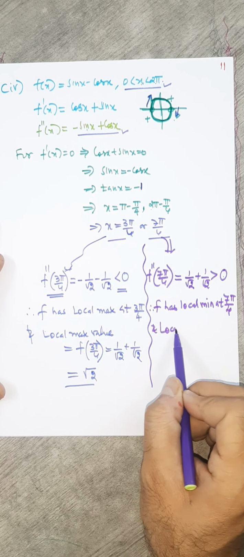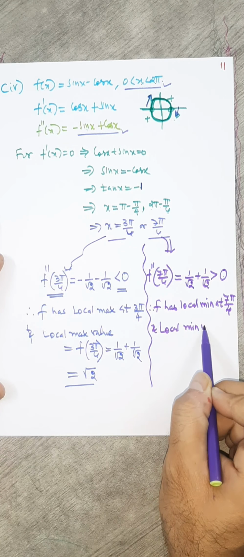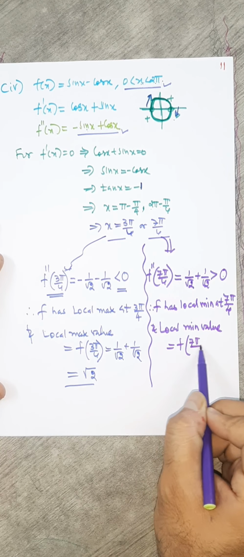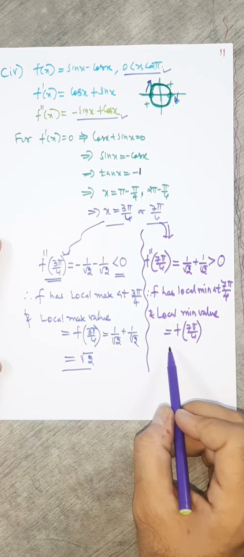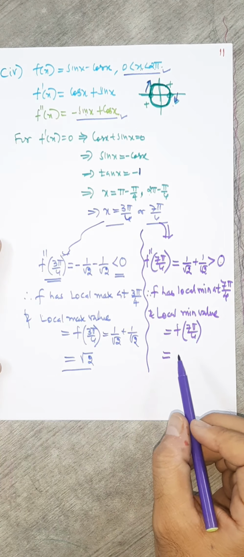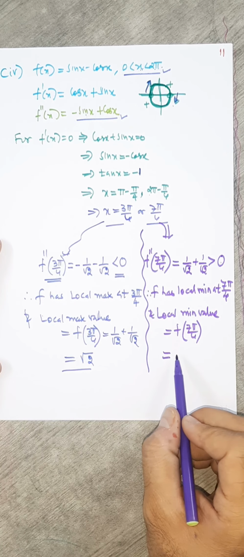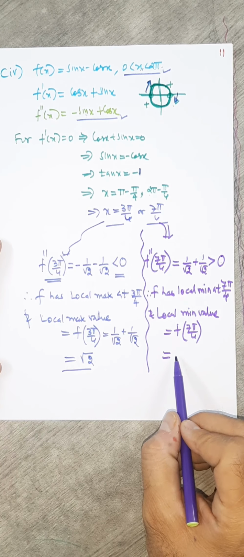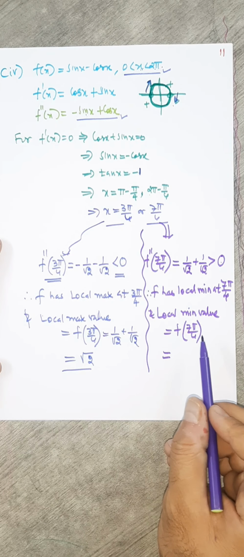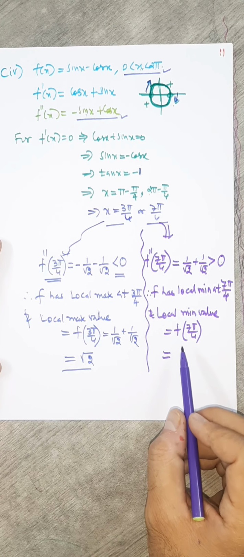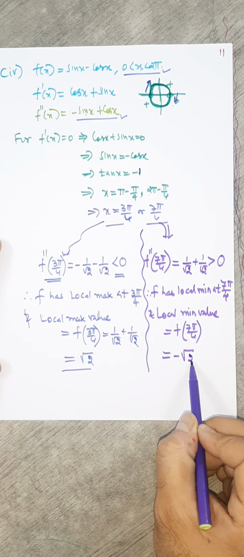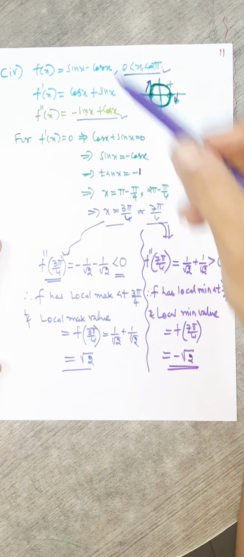And local minimum value equals to f of 7 pi by 4. You put this value in the function here. So what we'll get from there? You can just put there minus, so it will be positive. The other one would be here negative, so it will be minus root 2. So you can just check putting into the function here.